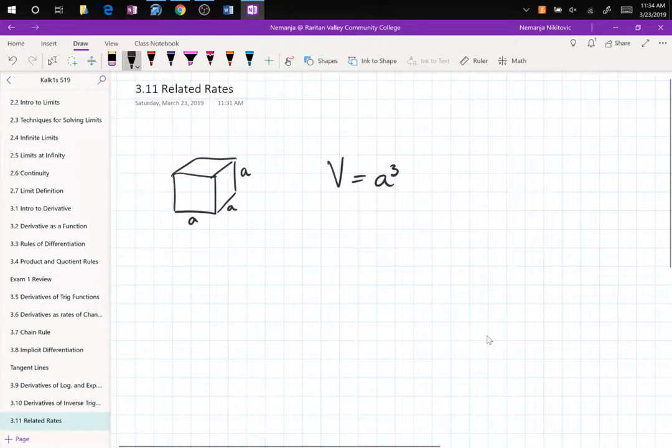So as the ice cube melts, everything about that ice cube is getting smaller in this particular case. If you are inflating a spherical balloon, like a weather balloon, then everything about that balloon is becoming bigger. The radius of the sphere, right?